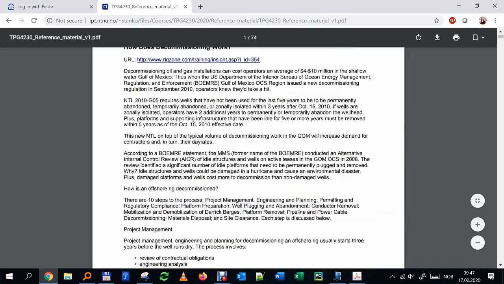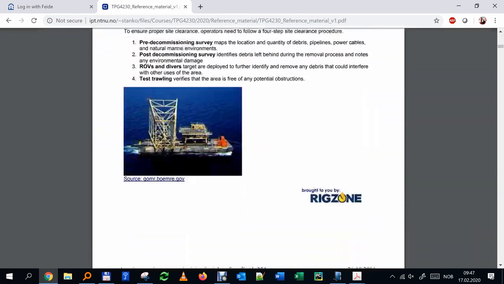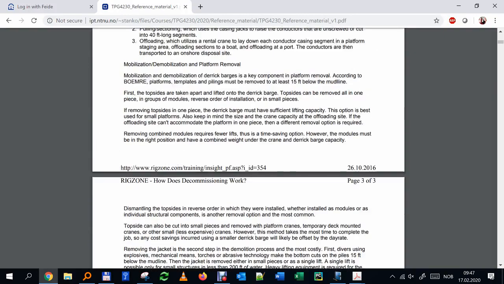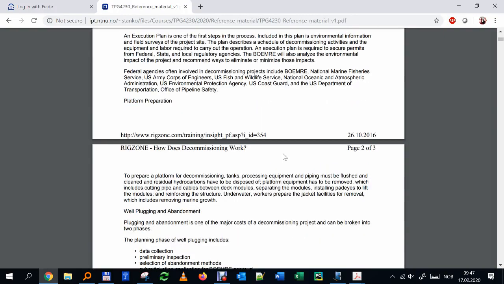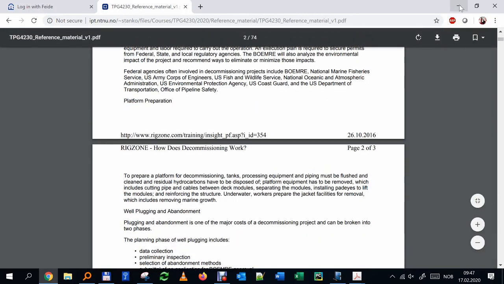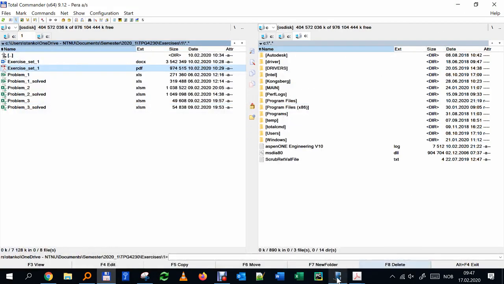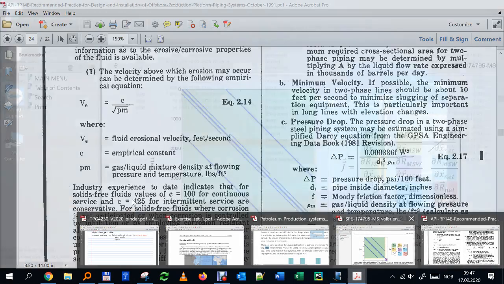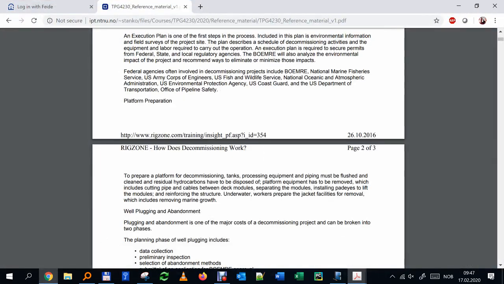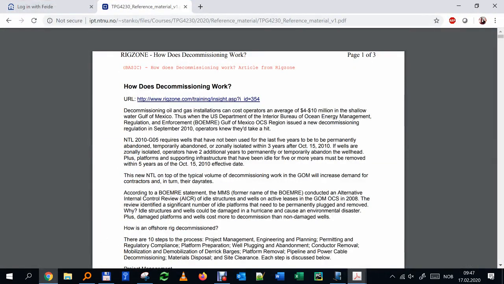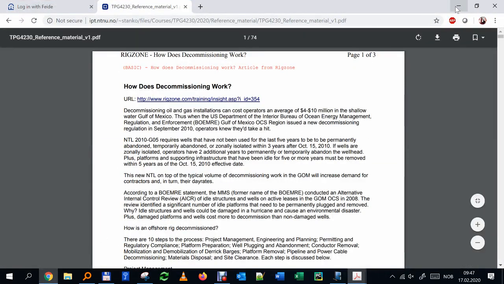Okay, decommissioning, that's an article that I recommend you when you have some time to read it, just to see what kind of engineering task you have to make. It's the first article that appears on this reference material.